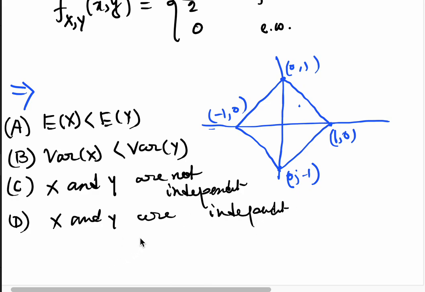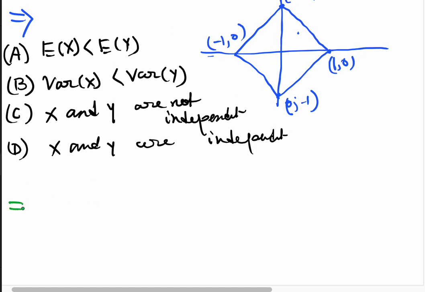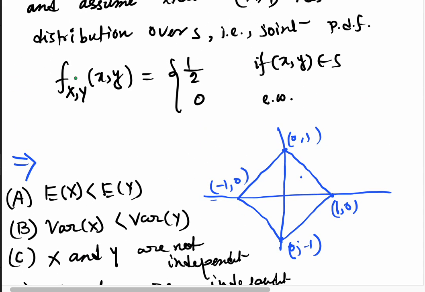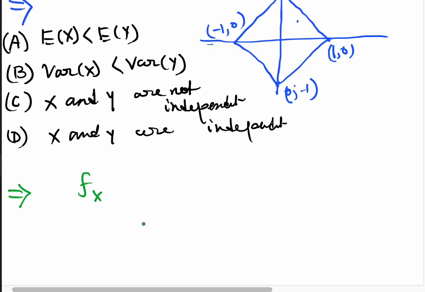To choose the correct option among A, B, C, D, we have to first calculate the marginal probability of x and y. So let's calculate that first. We have to calculate f_X and f_Y.